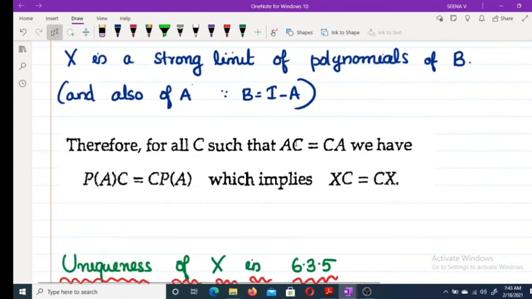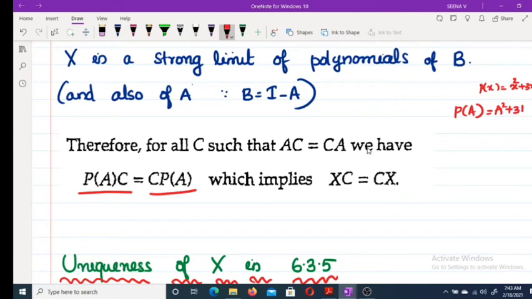So for all c such that ac = ca, what we can write: P(A)C = CP(A) for all C. If you take any polynomial P(A), suppose P(x) is x² + 3x. So P(A) is A² + 3A.